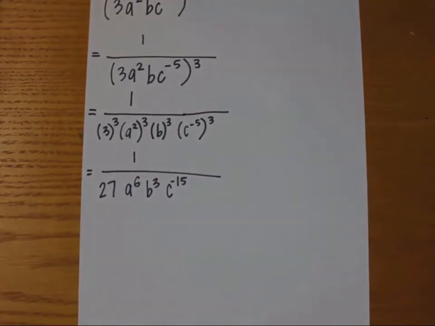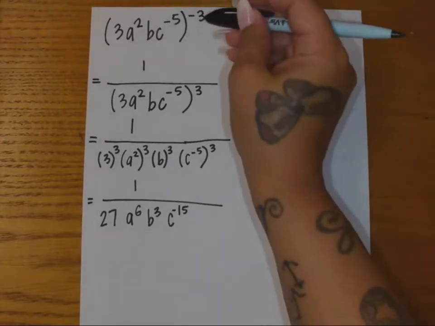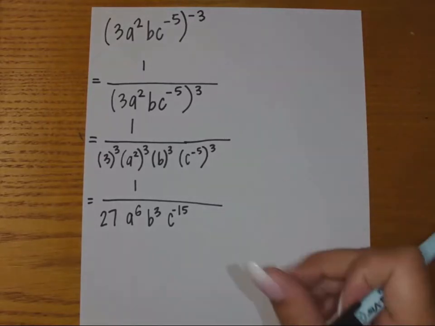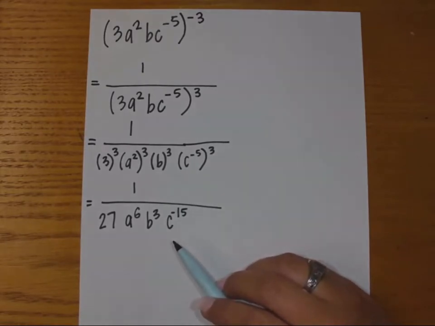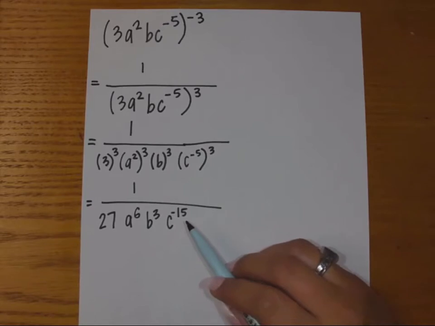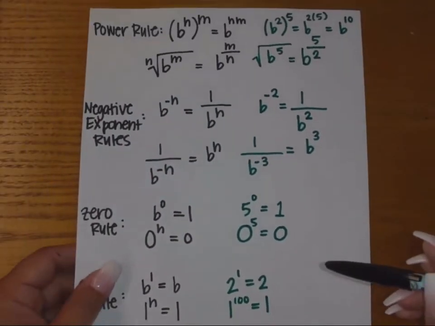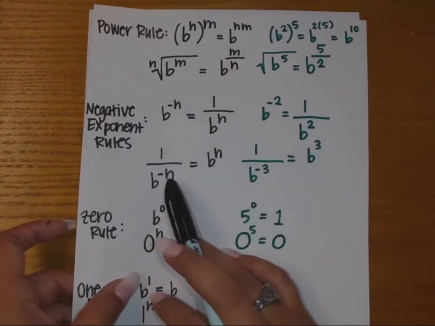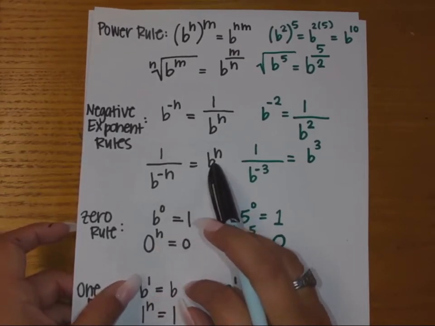Some people would think right here that they're done. I moved stuff down to the bottom, which got rid of this initial negative exponent, and then I evaluated the rest of the problem. But this c being raised to a negative 15 means that this is not a correct answer because it can't include negative exponents. If you remember in our negative exponent rules, if you have something in the denominator being raised to a negative power, you bring it up to the numerator.